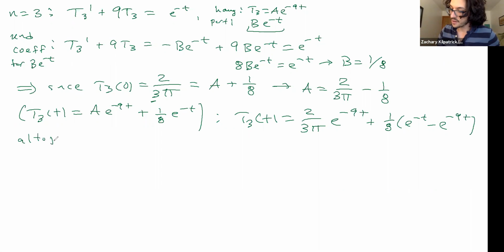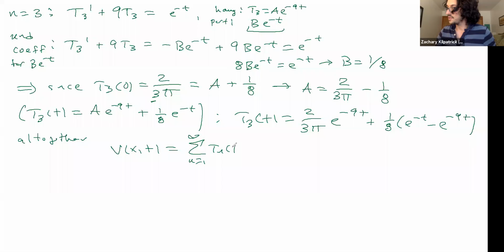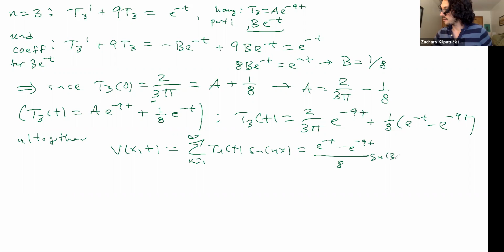So all together now, I have that v of x,t is equal to, well, I know it's just this infinite sum, Tn of t sine of nx is equal to what? Well, I have a special term out in front here, e to the minus t minus e to the minus 9t over 8 sine of 3x, right?